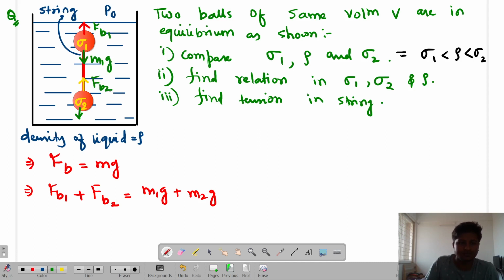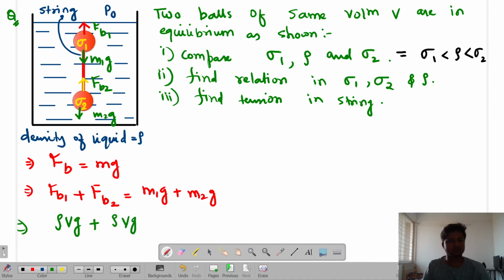Now, force of buoyancy will be what? Rho into volume of the object into gravity g. Rho and volume are the same, so buoyancy force will also be the same, because volume is the same for both. M1 is sigma 1 into volume into gravity g plus M2 is sigma 2 into volume into gravity g.